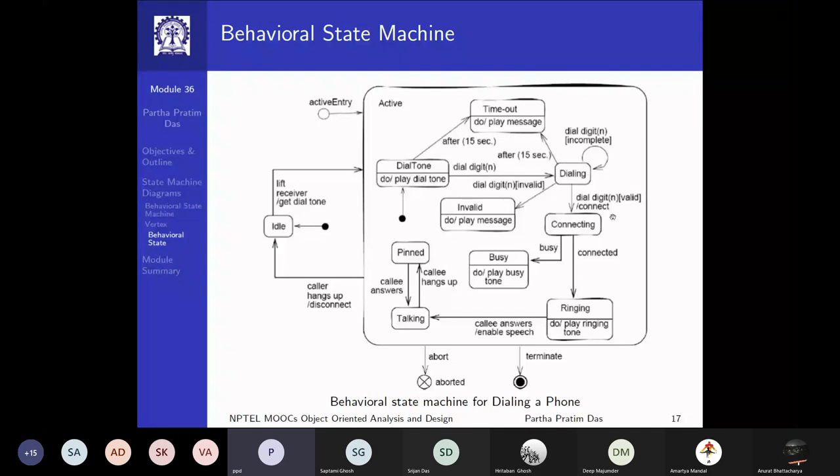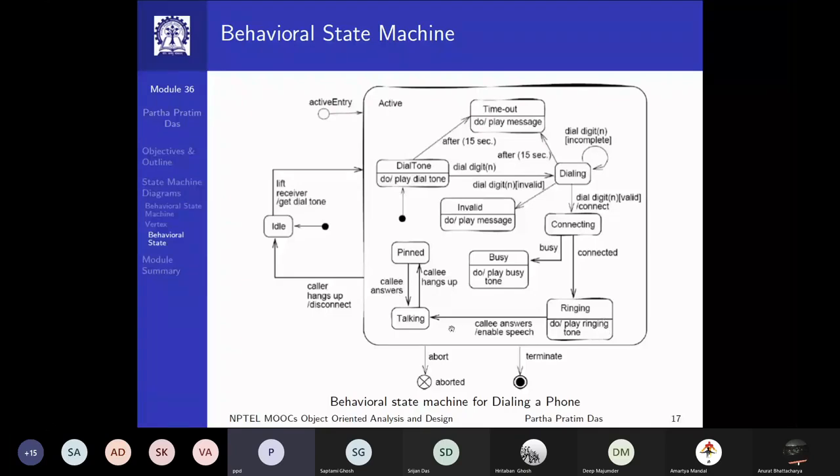And then what you do on this is do connect. So you make a transition to connecting. And then in connecting, you can have busy, where it does play busy tone, which is the activity, or it can get connected, where it gets into a ringing state and does play ringing tone.